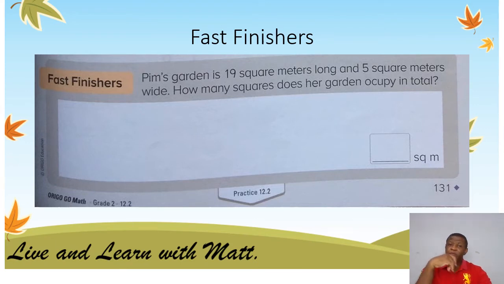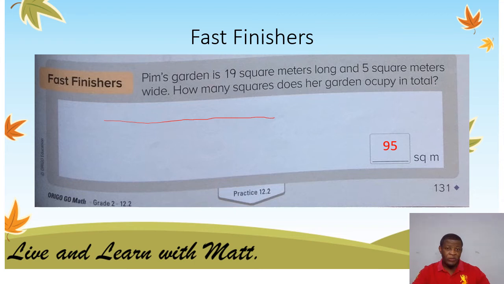Now, Pim's garden is 19 square meters long and 5 square meters wide. How many squares does the garden occupy in total? So that will be 95. So we have a square like this.